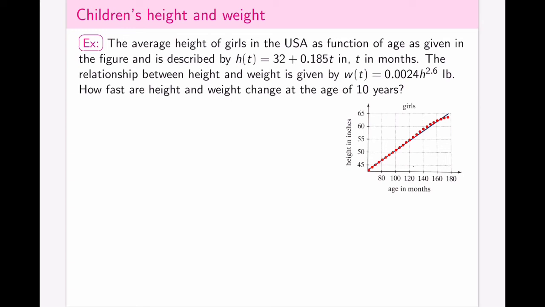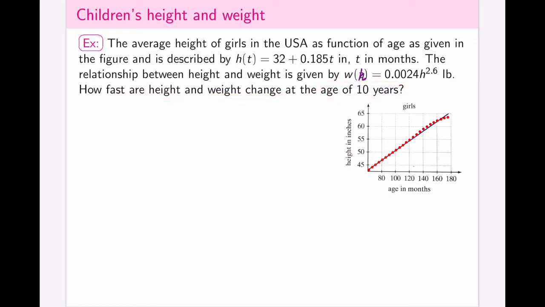We are also given the fact that the relationship between height and weight in this age group is given by this particular formula. So this is linking the weight and the height. Sorry, apologies. This should be h here. Okay. What are we asked to find here? We're asked how fast are the height and weight changing at the age of 10 years.